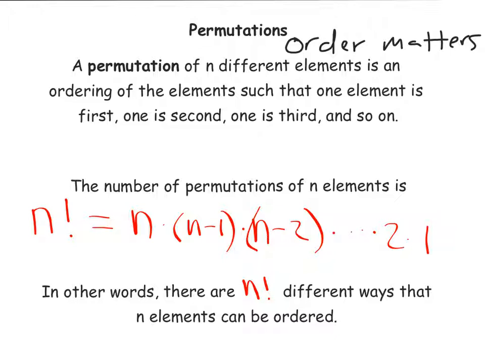In the second day of 9-6, we'll get to combinations, where order doesn't matter. If we select the same 5 outcomes, we don't care what order they happen in. For permutations, we do. It's relatively simple: it's n factorial. This is why we got to the factorial definition a little earlier in the unit, knowing it was going to come back at this point.